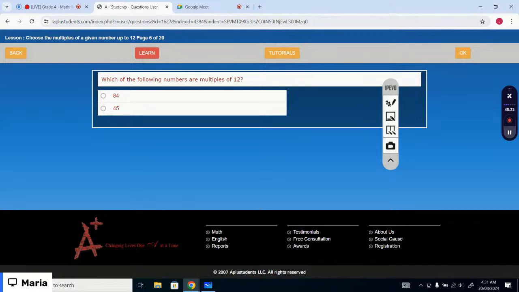Which of the following numbers are multiples of 12? Which is the correct option?